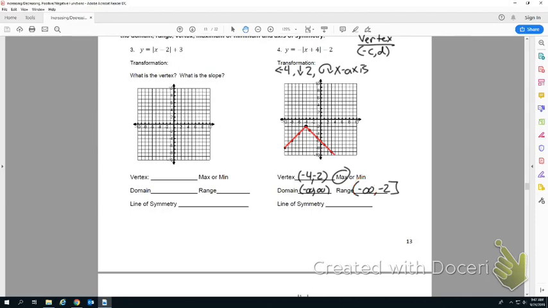Your line of symmetry is always x equals what? It's what, Gavin? 0. Nope. It was for the parent function. But I said that your line of symmetry is x equals -4. Okay. So it's the x value of your vertex, which on this one is -4.